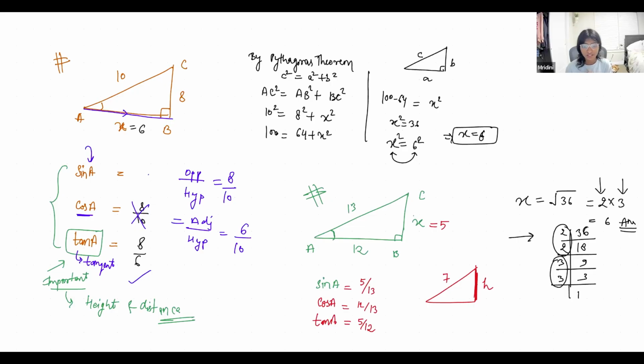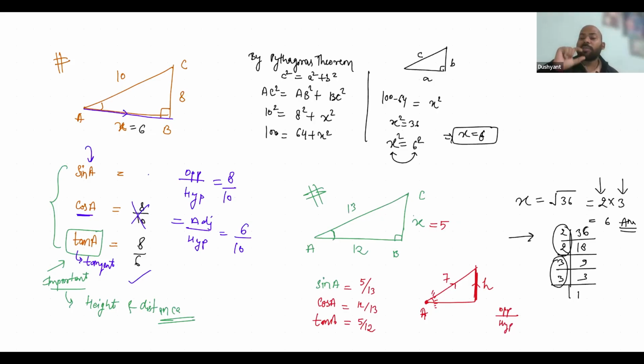Tangent. Are you sure? This is the height I need, and this hypotenuse I have. Let angle A be there. I'm looking for the height. So I have the opposite, and I have the hypotenuse.